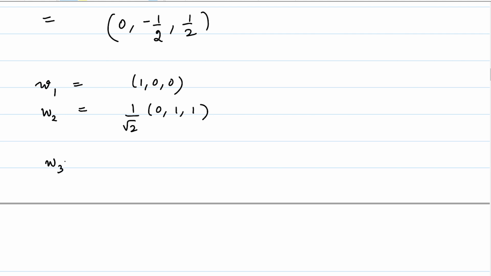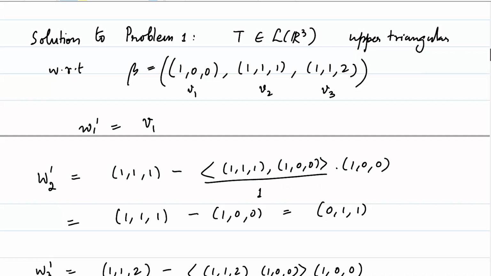And how about W3? W3 will be W3 prime normalized; W3 prime is half of 0, minus 1, 1, so W3 will be 1 by root 2 times 0, minus 1, 1. So this is the orthonormal basis that we obtained by Gram-Schmidt orthonormalization of our given basis.